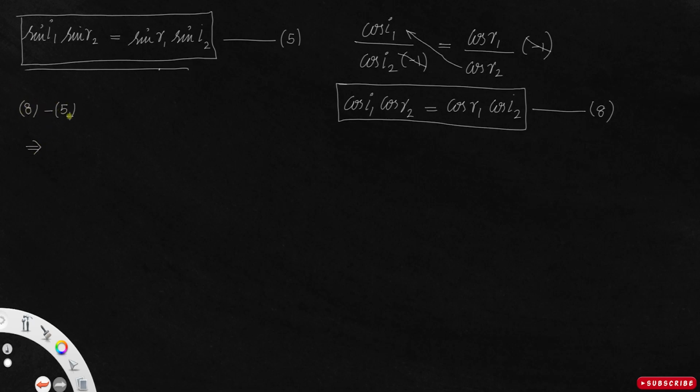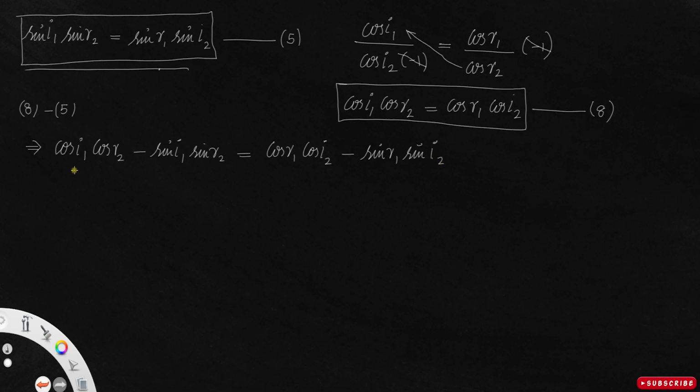What you get? On the left hand side it is cos I1 cos R2 minus sin I1 sin R2, equal to cos R1 cos I2 minus sin R1 sin I2.